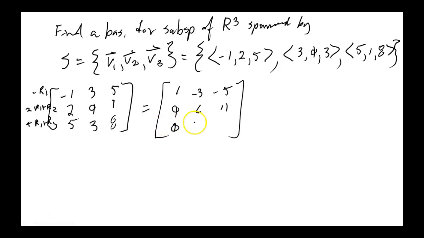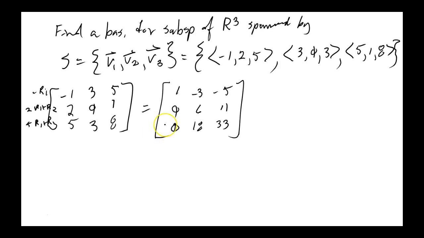And we get 0, 18, and 33. Well, that's okay. If you multiply the middle row by -3 and then add it to the last row, you get a row of zeros. Right.